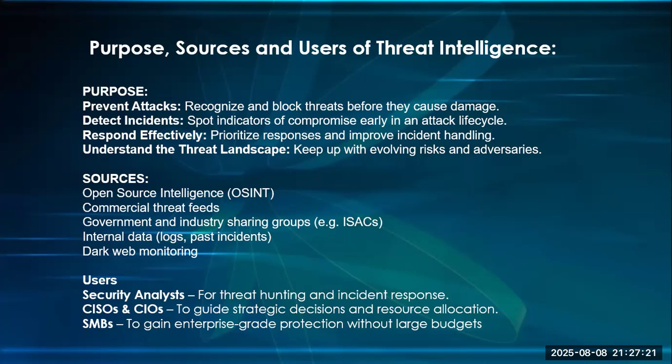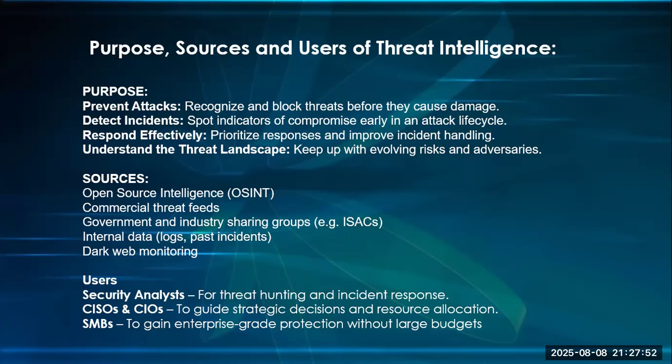Then we have users. The users of threat intelligence are security analysts, just as I said earlier, like we do for threat hunting and incident response. So cybersecurity analysts are users of threat intelligence. Then we have the CISOs, that's the Chief Information Security Officer or Chief Information Officer, like the supervisors, to guide strategic decisions and, of course, resource allocation also.